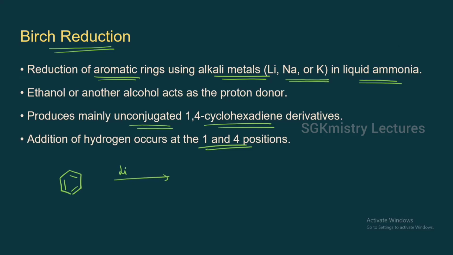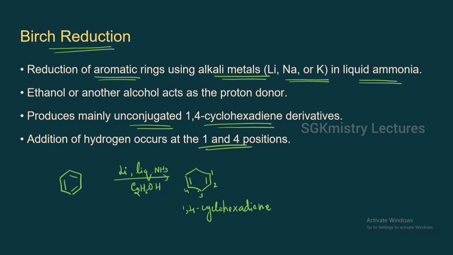in the presence of lithium and liquid ammonia, and if I use ethanol, at the 1,4 positions the addition takes place. So you're going to get here, let me start numbering 1, 2, 3, 4, 1,4-cyclohexadiene.